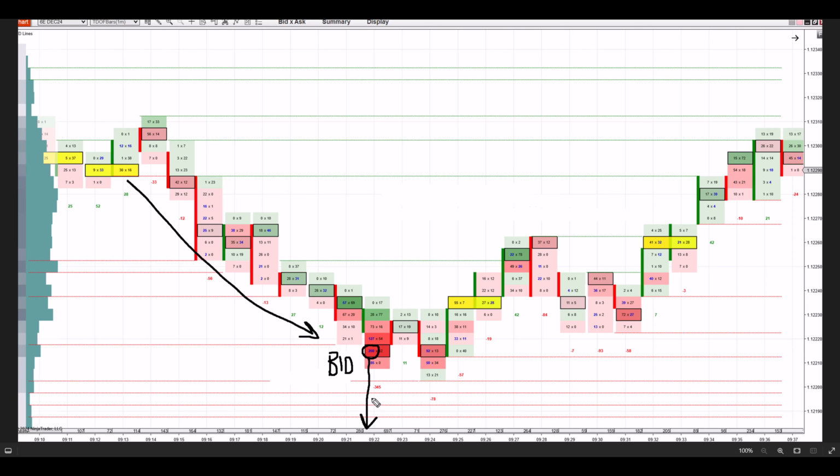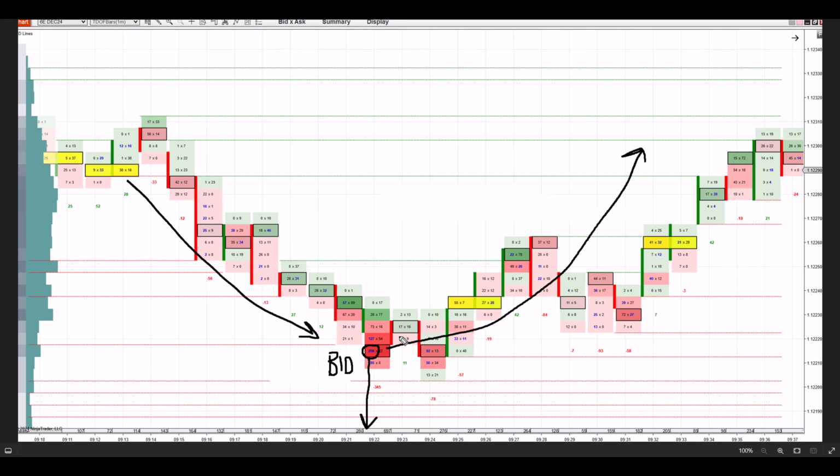But as you can see, that didn't really happen here, and on the contrary, the price just turned and went upwards. And this is very confusing for many traders, and they can't really get their head around the thing that there is a huge order on bid, which typically shows sellers, and despite this, the price goes upwards.